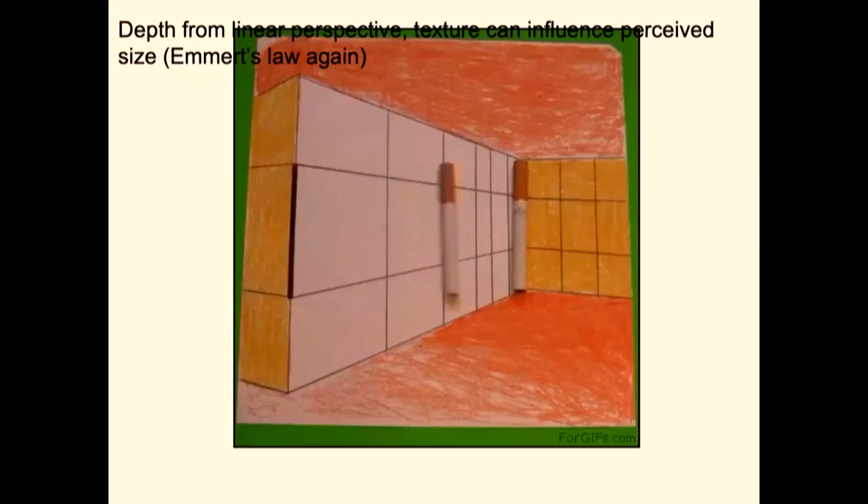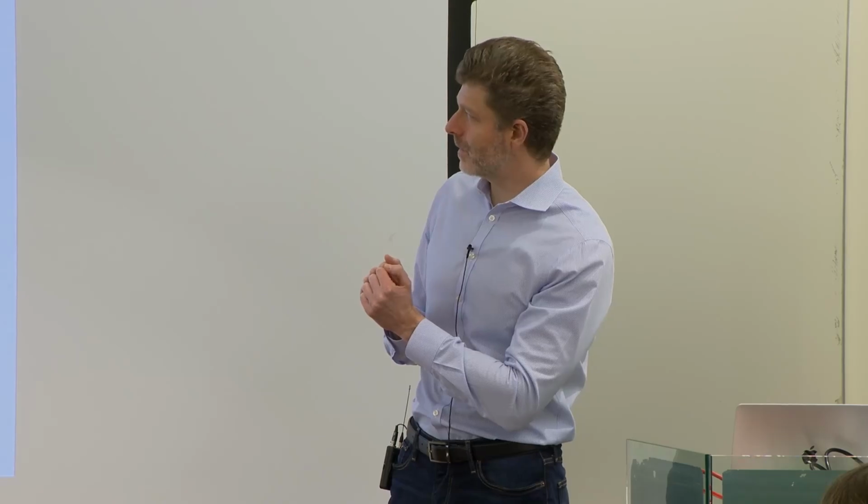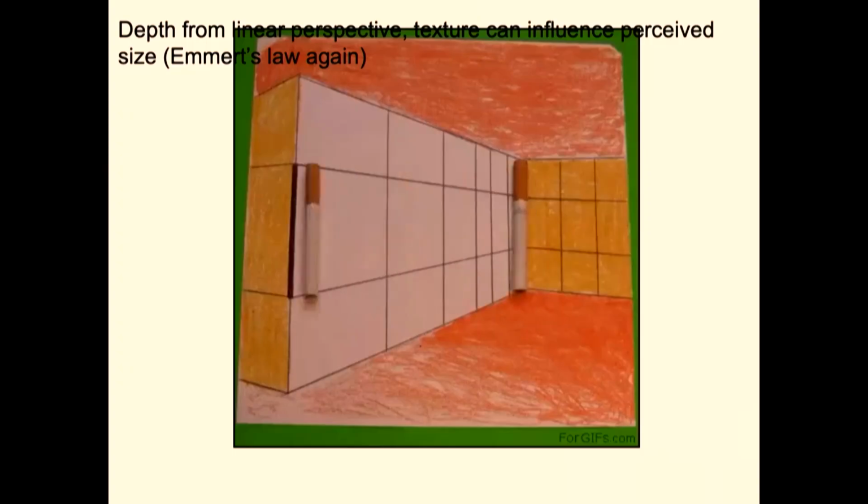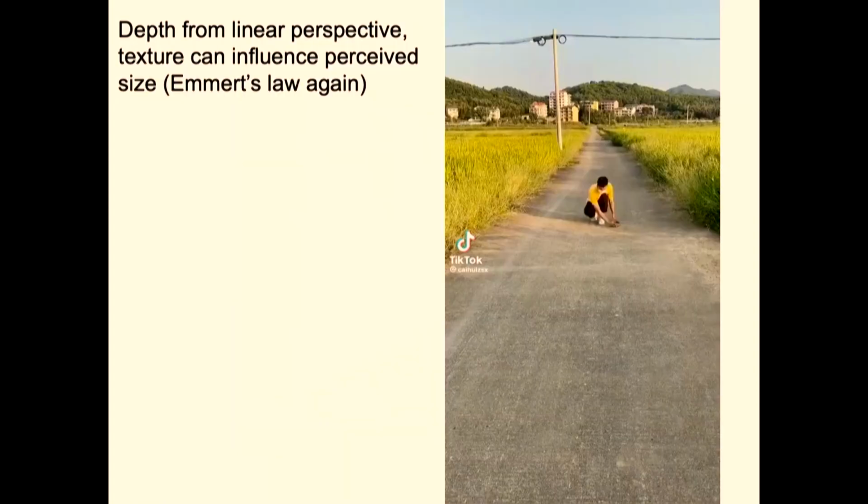The two cigarettes are physically the same size, lying on a table. So they're the same size on the retina, but they look very different.